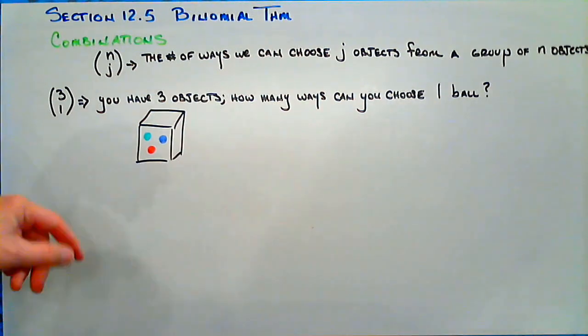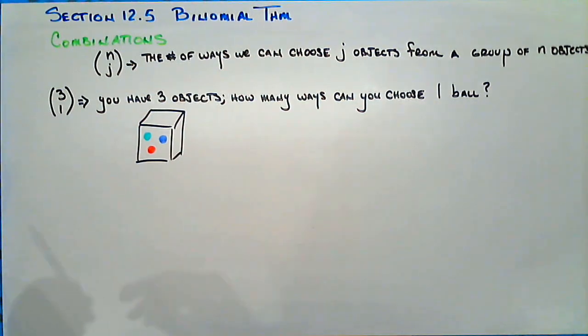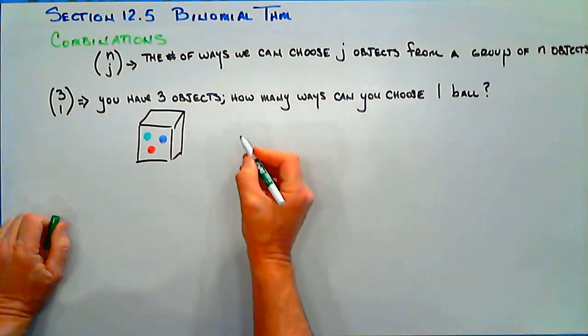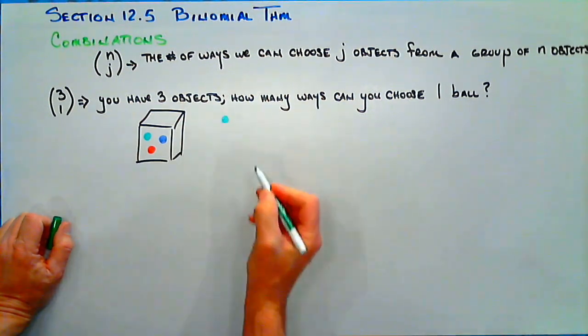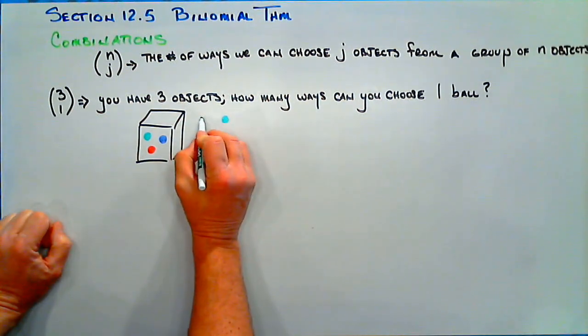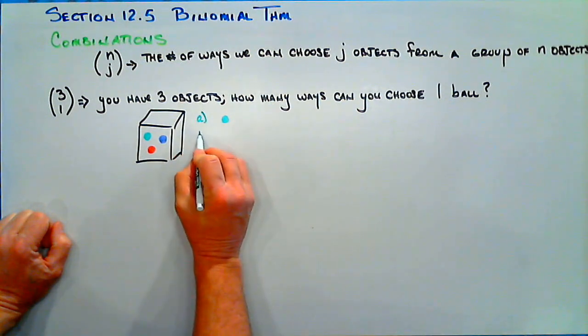Well, you can reach in your bag, and you could pull out a green ball. That would be one thing that could happen. Now you're only allowed to choose 1, so you could reach in the bag and pick 1 green ball. So that's our first outcome.